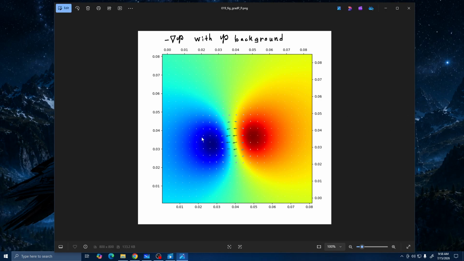This is what the negative gradient of pressure looks like, pushing back against the V's. So this pressure gradient develops to oppose these velocities that are trying to violate the divergence of the fluid.